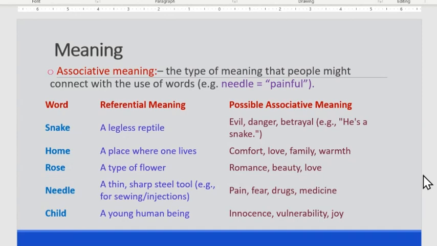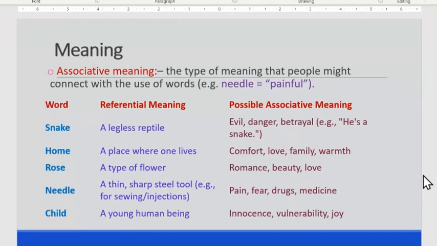When we say he is a snake, it can mean he is evil, bad, a dangerous person, or a betraying person. Okay, so snake can mean different things depending on the associative meaning. And home: a place where one lives.